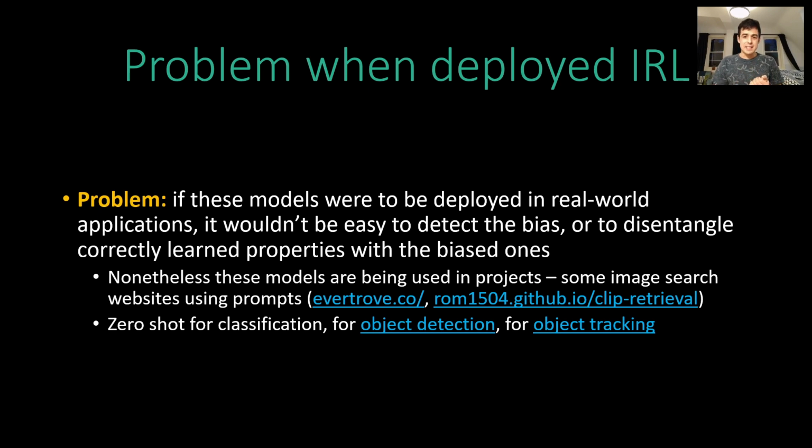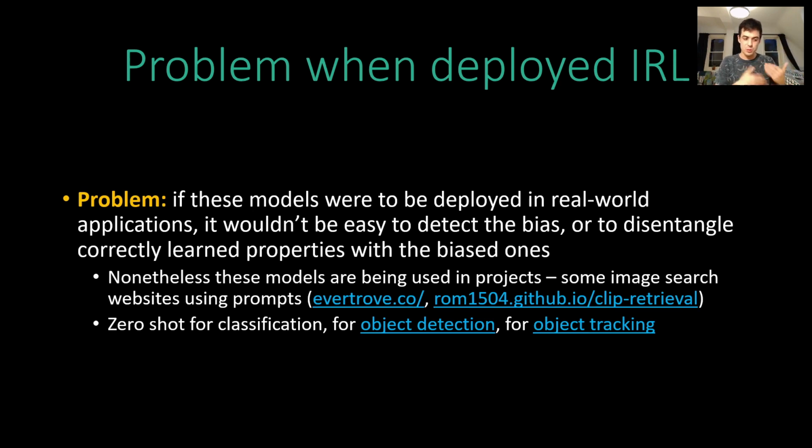The problem is that if these models get deployed into the real world, and if there was some bias in these models, then it's not easy to see how this bias would get propagated to some downstream tasks that these models would do.